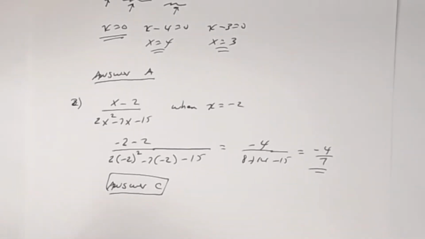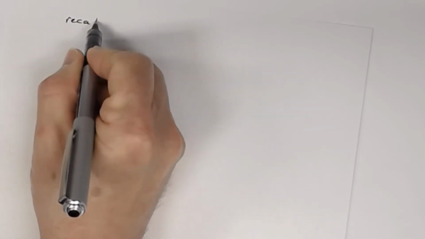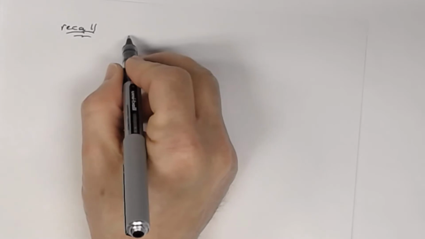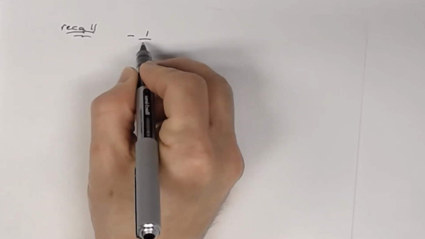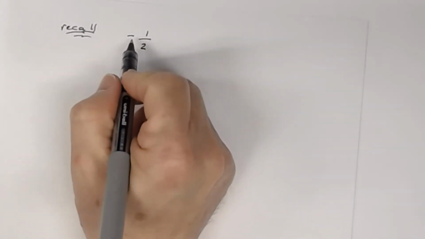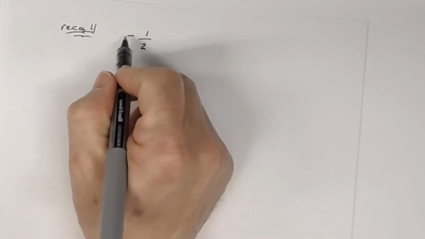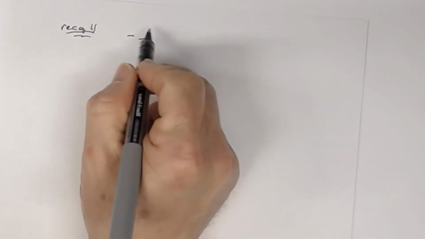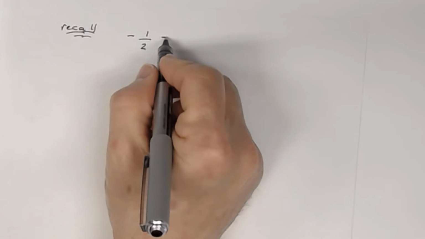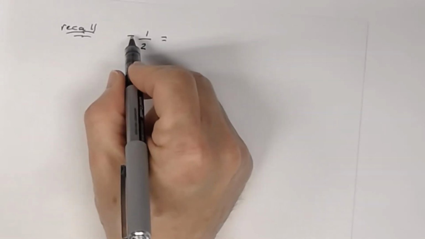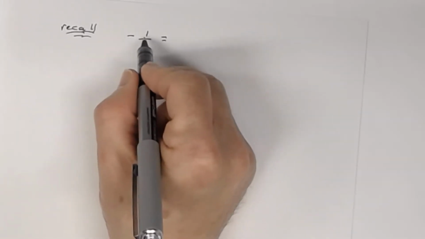You have to remember that in number 3, so let me go and recall here. So recall that if I have negative 1 divided by 2, let's say, and notice that the 1/2 is negative. So I have that negative in front of this fraction 1/2. That's equivalent to taking the opposite of the numerator.